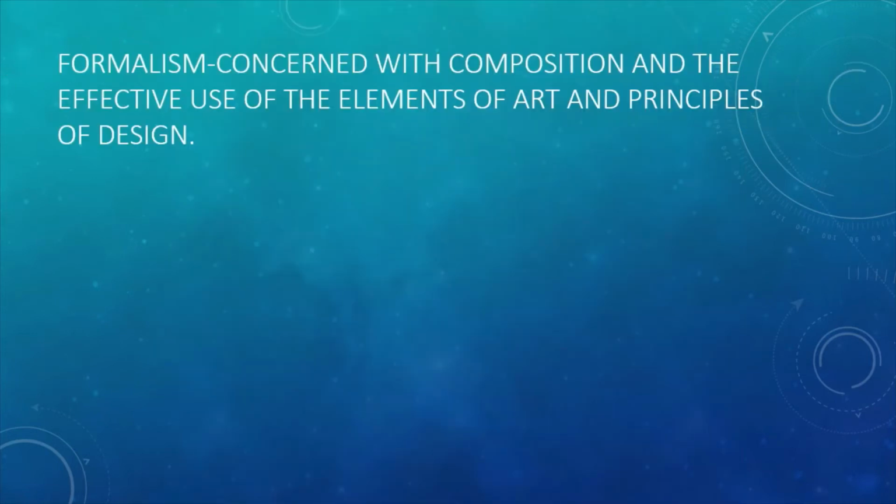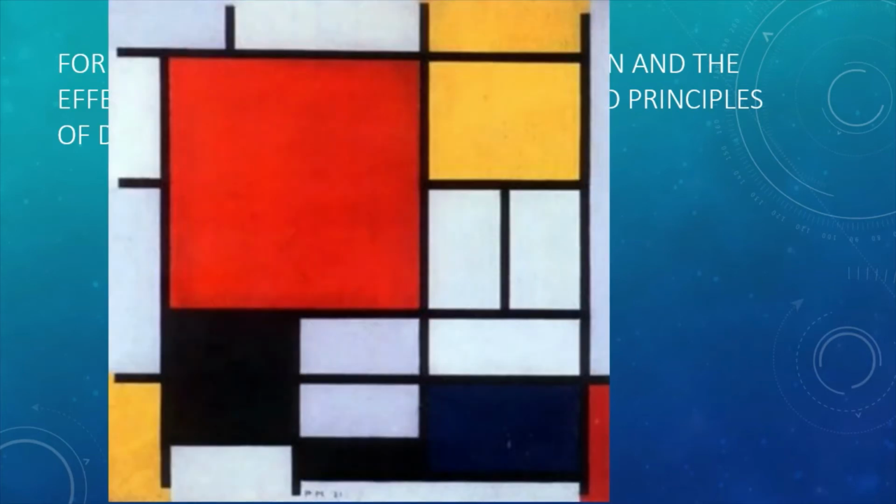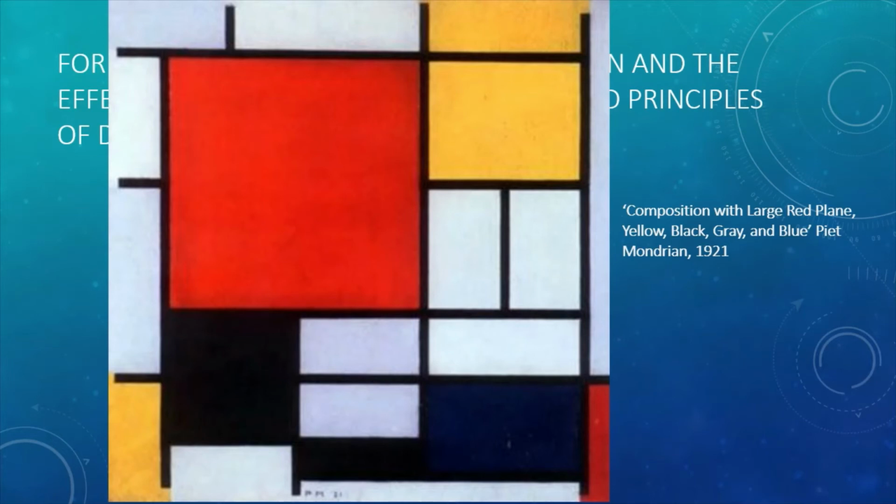The next aesthetic theory is formalism. This is concerned with the composition and the effective use of the elements of art and principles of design. Did the artist create an effective composition? In this case, this is Composition with Large Red Plane, Yellow, Black, Gray, and Blue by Piet Mondrian, 1921.